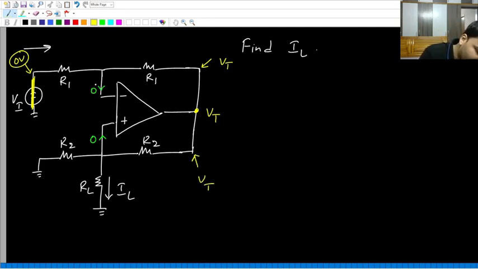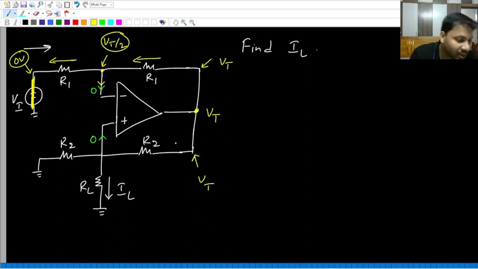Now at the top, because this current is 0, clearly these two currents will be equal, which means at the top R1 and R1 both are in series, between Vt on the right and 0 on the left. Whenever resistors are in series, you can directly write the voltage at the common node. Would it not be Vt by 2? Because Vt into R1 upon R1 plus R1, which is Vt by 2.